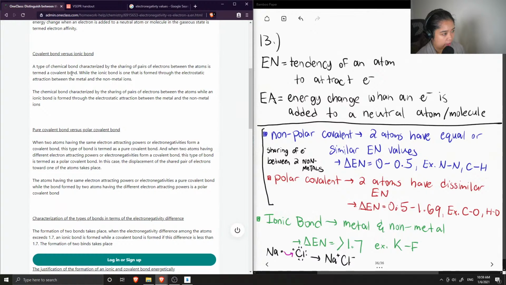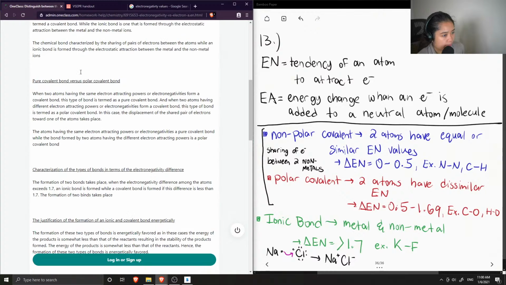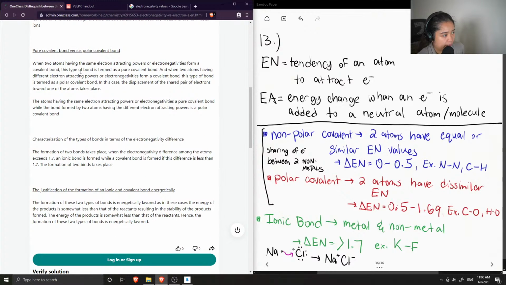Covalent versus ionic. Covalent bonds show the sharing of electrons between atoms, and ionic is formed through electrostatic attraction between the metal and the nonmetal. Okay, and then pure covalent versus polar. This is dependent on the difference in electronegativities.